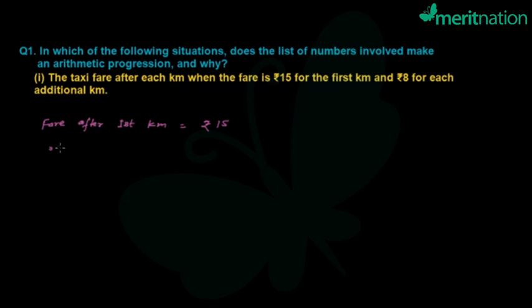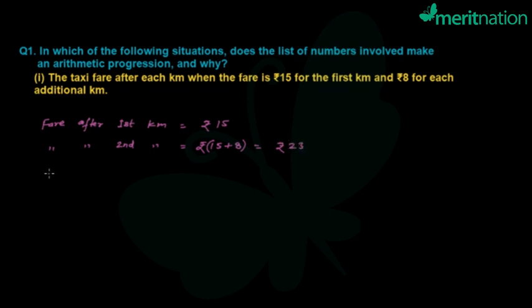And the fare after second kilometer, when the 2 kilometer will be completed, the fare will become 15 plus 8 because it says 8 rupees for additional kilometers. So 15 plus 8, it becomes 23 rupees.